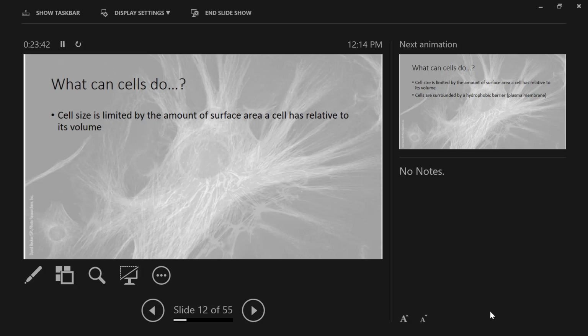And I have a figure to show you what this actually means. But the less surface area a cell has relative to its volume, the harder it is to move materials into and out of the cell, and the harder it is to move energy into and out of the cell.